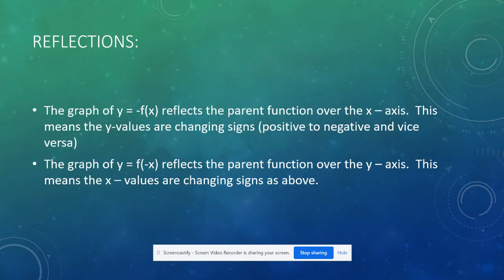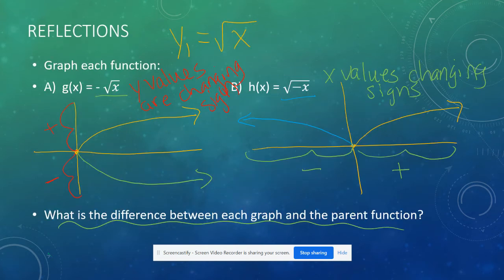All right, a little bit more about reflections. When the negative is in front of the function, again, this would be this one. It's a reflection over the x-axis. So you took the x-axis and you flipped it over the side. So I'm going to go back here.